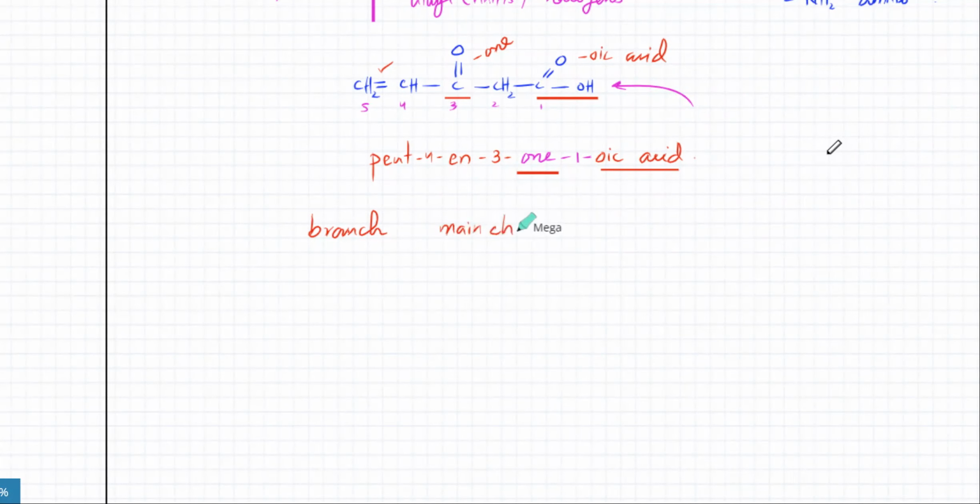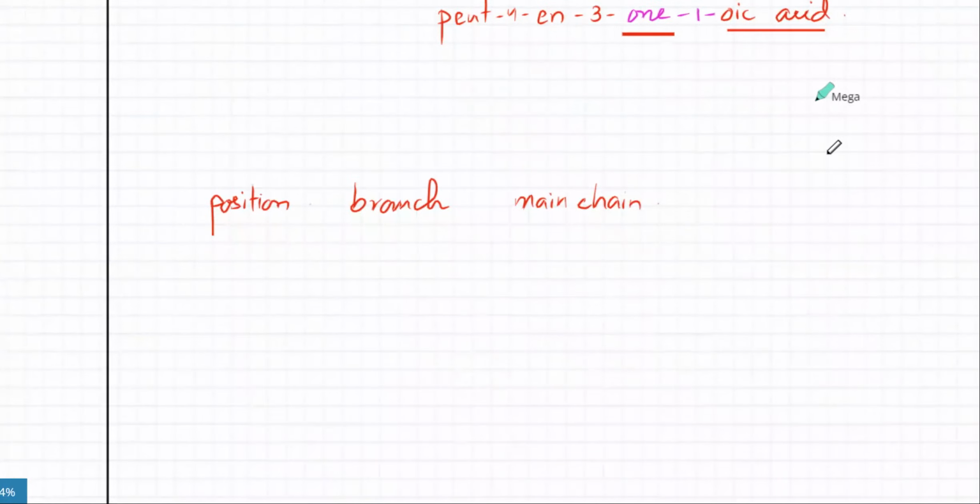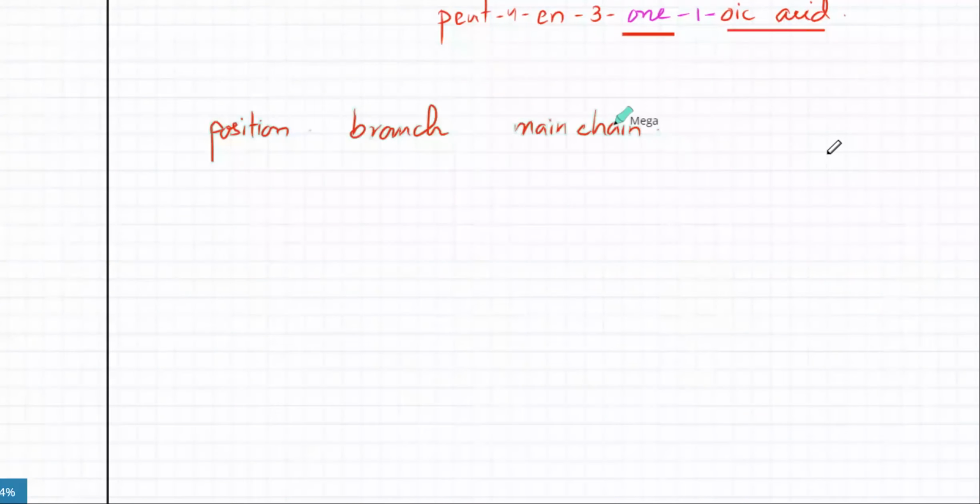We're going to discuss the main chain later in a lot more detail. And before that, you're going to write the position of the branches. Let me just discuss branched molecules, but let's keep that discussion right after this.